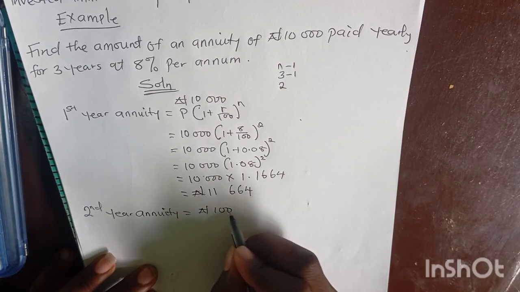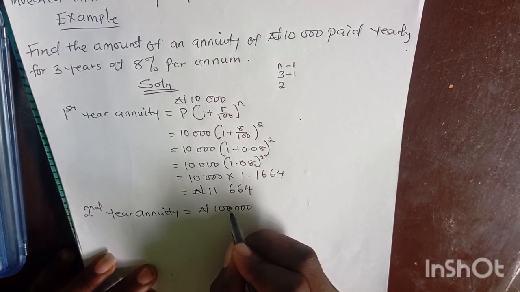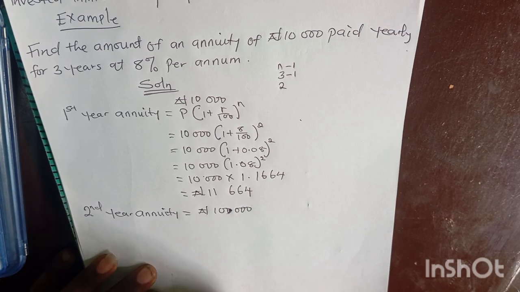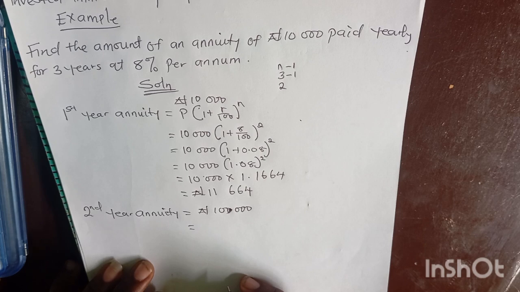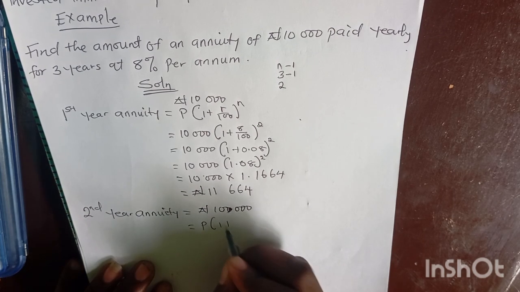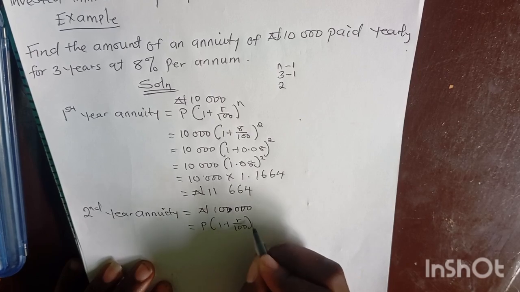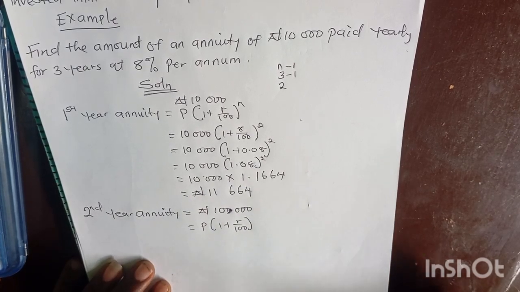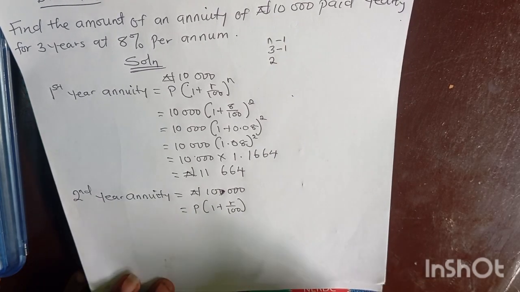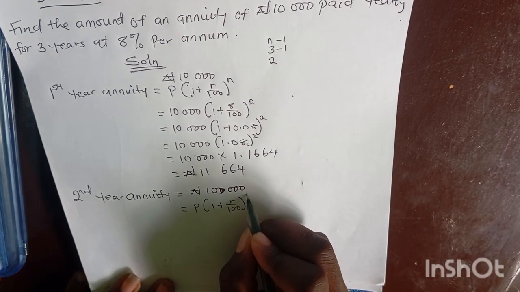10,000, because from the definition, it is the equal sum of money paid at a regular interval. So computing with our formula, we have P open bracket 1 plus R all over 100 raised to the power. Since it is our second year annuity, it is going to be raised to the power of 1.